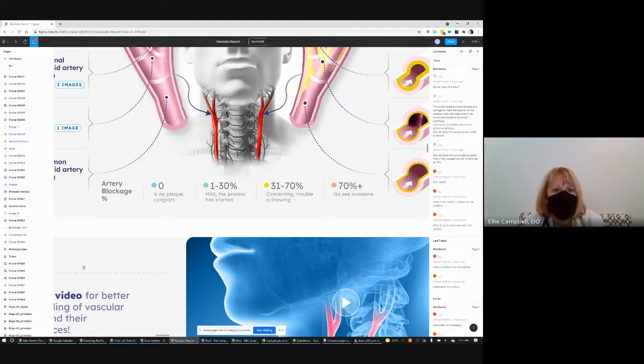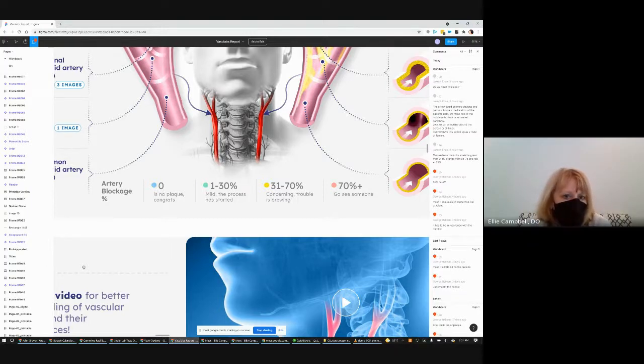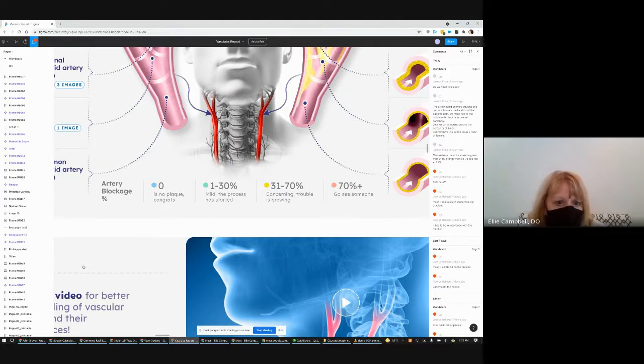I'm saying that if their arteries are blocked 0 to 30%, it's medical management. They check all your numbers, make sure you don't have sleep apnea, check for diabetes. That still has to happen even at 0% blockage. So the checklist still needs to be done. So don't give them carte blanche: no plaque, congrats, go about your business.